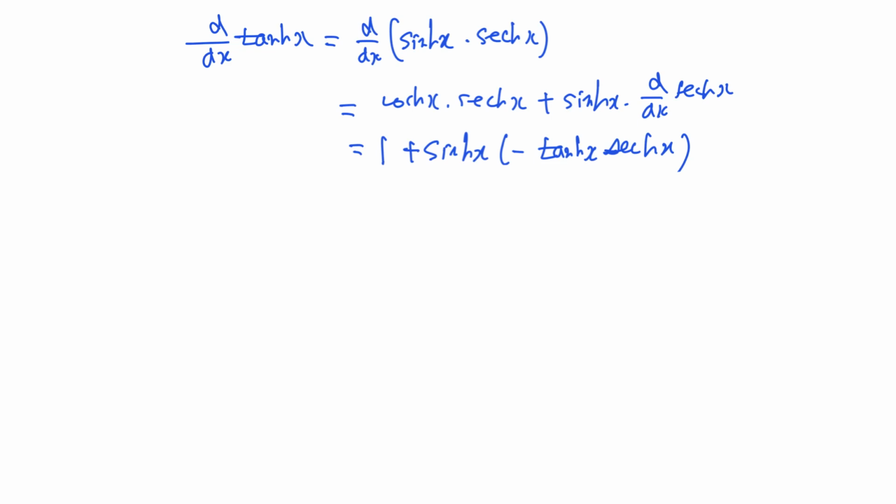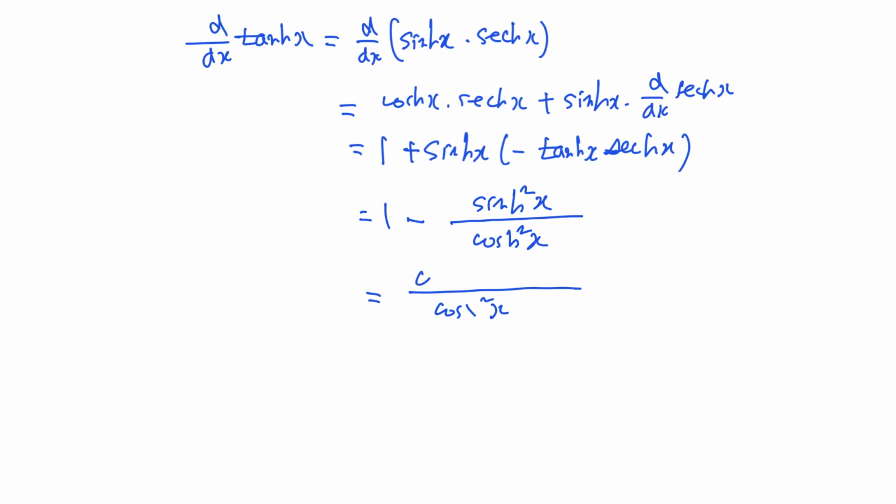So this is 1 minus sine hyperbolic square x over cosine hyperbolic square x, which is cosine hyperbolic square x minus sine hyperbolic square x over cosine hyperbolic square x.